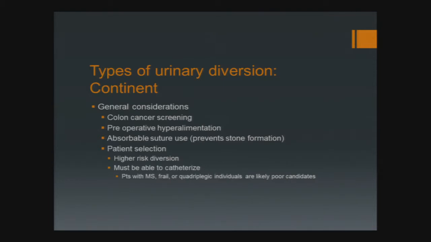Patient selection is going to be a recurring theme in this section of my talk. This is a much higher risk diversion. The patient must be willing and able to catheterize their continent diversion. Examples of patients who are probably not great candidates are patients with MS, particularly frail patients, and obviously quadriplegic individuals.